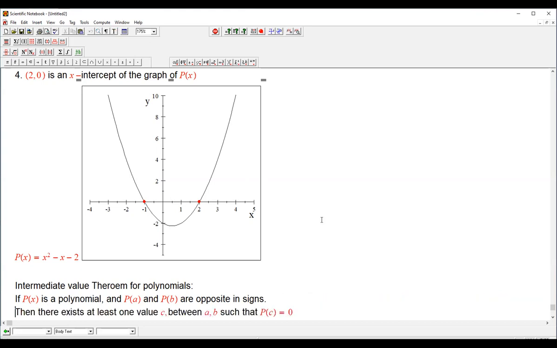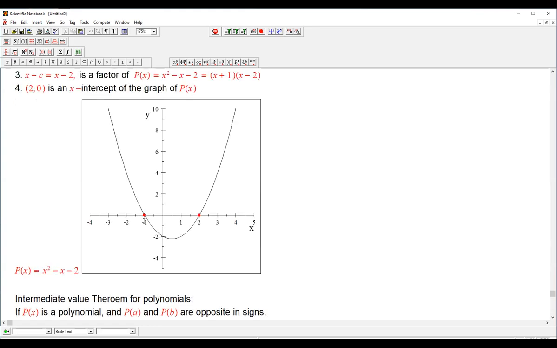Okay, so I'm going to make it a little shorter. What does that mean? What does that mean?